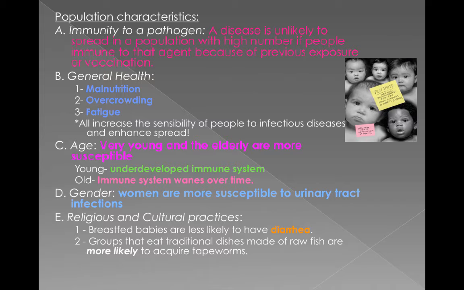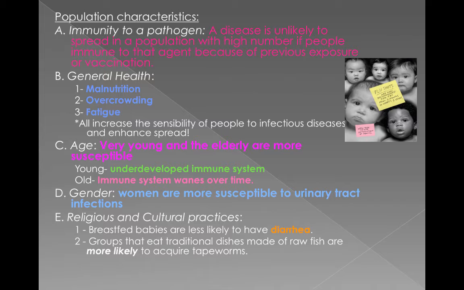The general health of our population is going to be a factor. If a lot of the population is malnourished, then disease is going to be able to spread pretty quickly. Likewise with overcrowding. What a lot of people don't realize is that fatigue is also a characteristic. So all of these factors increase the susceptibility of people to infectious diseases and enhance the spread.